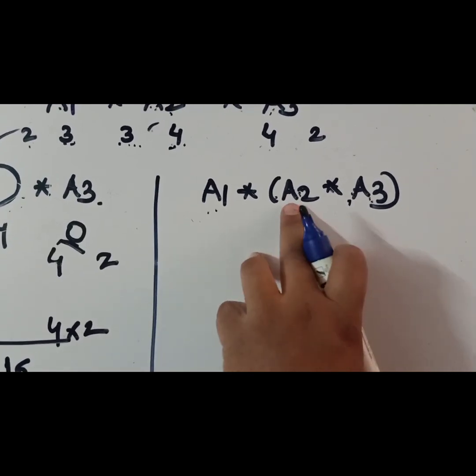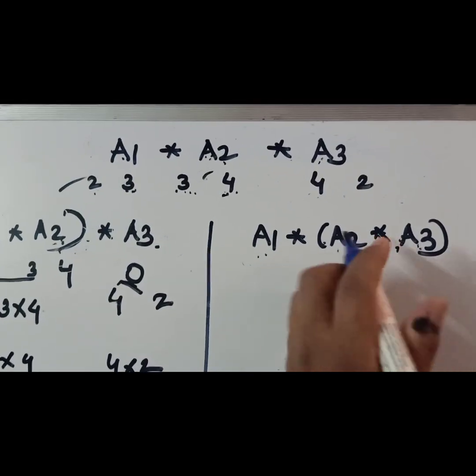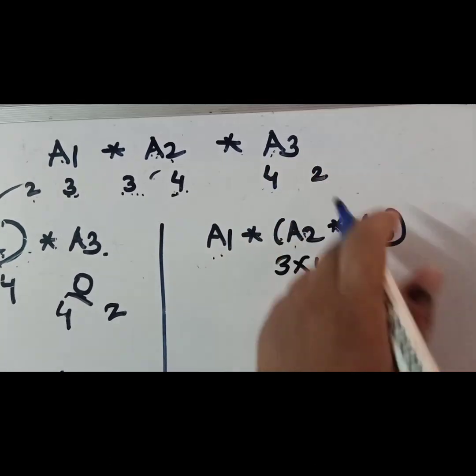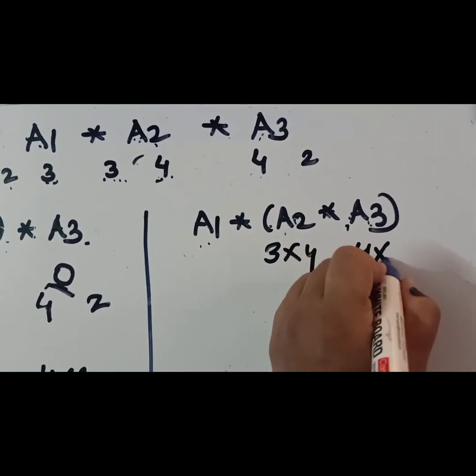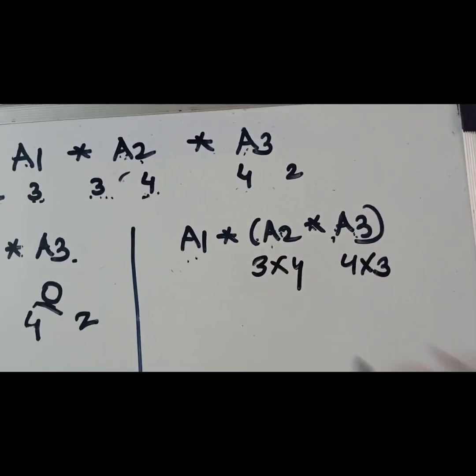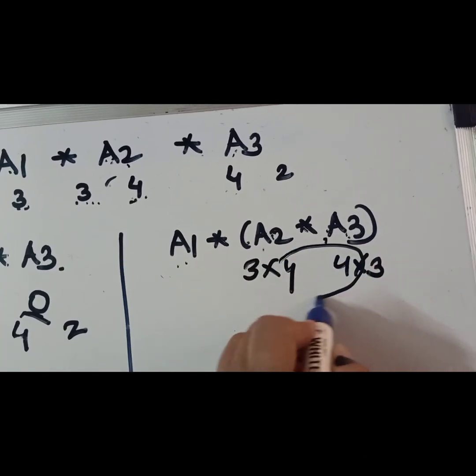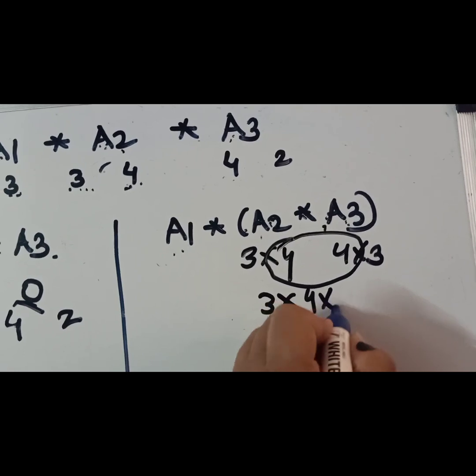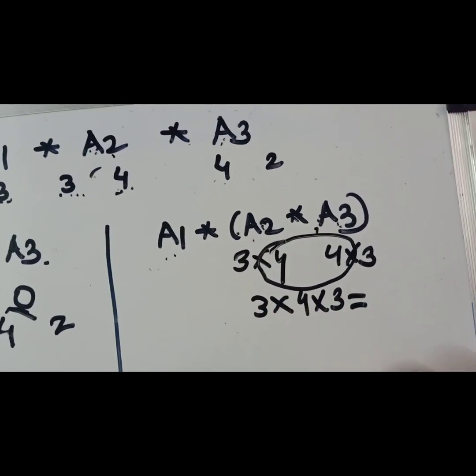Now we will multiply a2 and a3. What is the dimension of a2? It is 3 by 4. What are the dimensions of a3? It is 4 by 3. Again this 4 is common. So it will be 3 by 4 into 3.